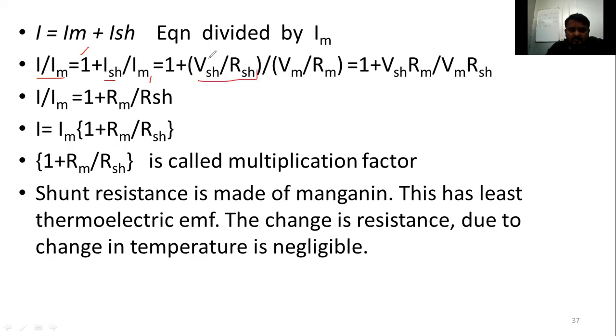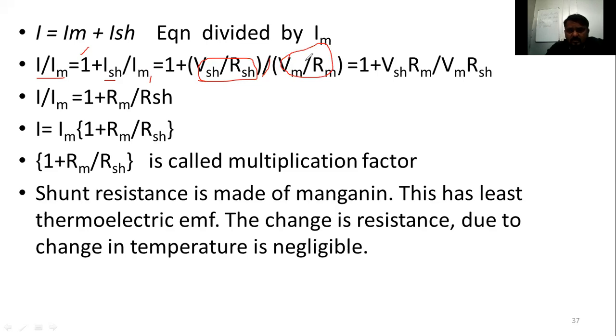ISH equals VSH divided by RSH. Next, the divide symbol as it is. Next, IM equals VM by RM, we can write here now.